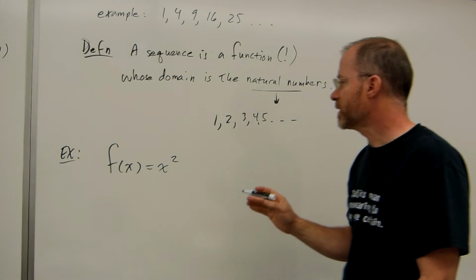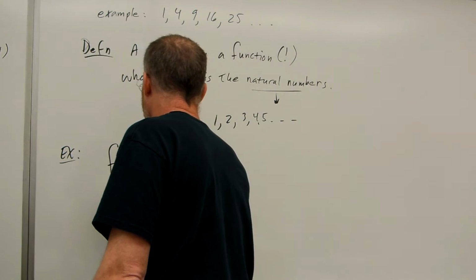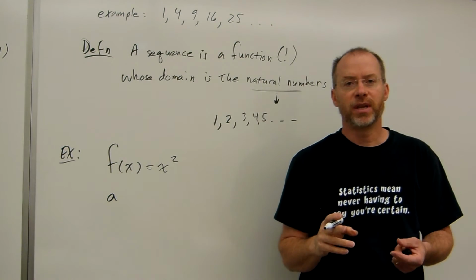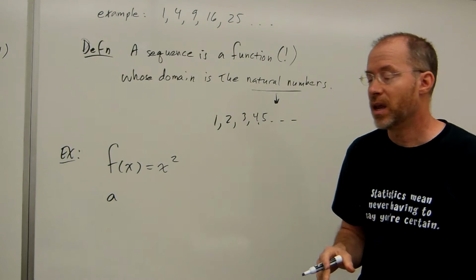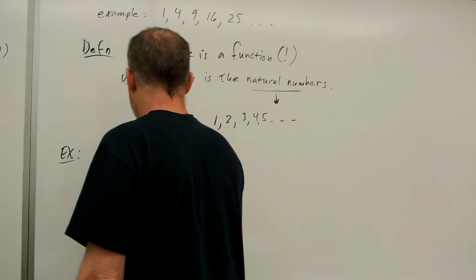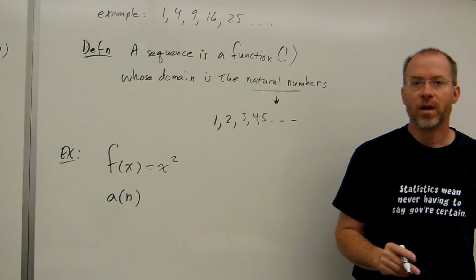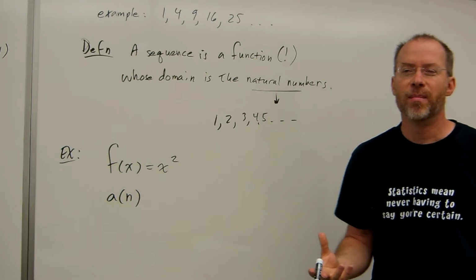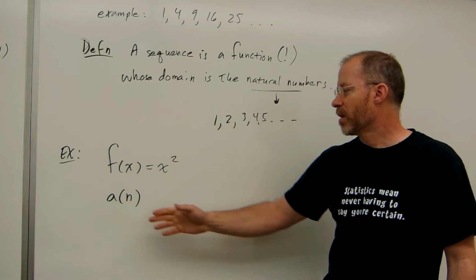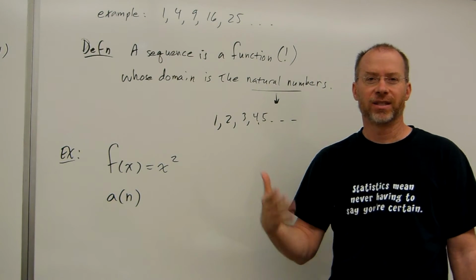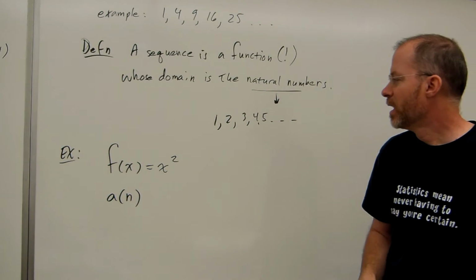So let's change our notation a little bit. For sequences, we tend not to use f, g, h, but we tend to use a, b, c, close to the beginning of the alphabet. And for the input or independent variable, we tend to use n or m. And you might be familiar enough with that convention to say, when I see n, it feels like it's a whole number, not a fraction.